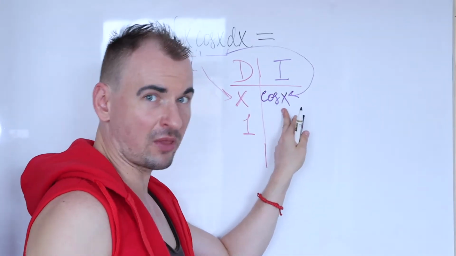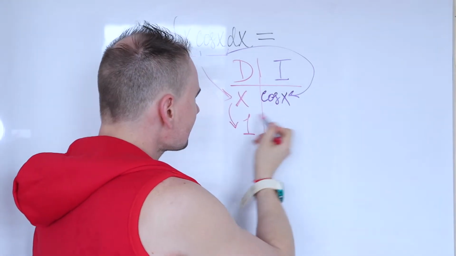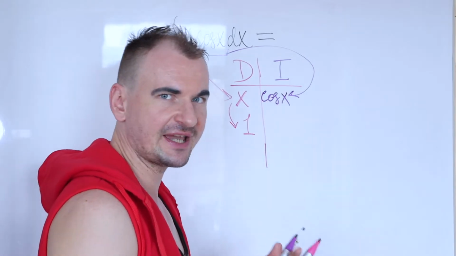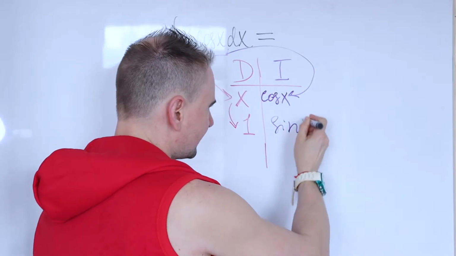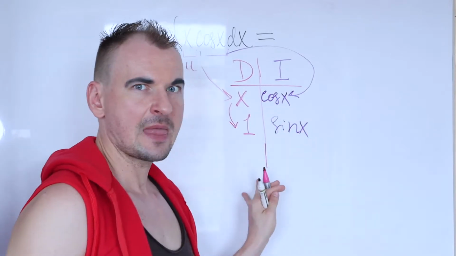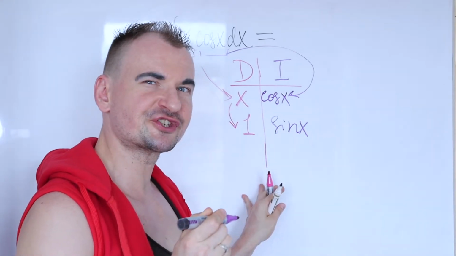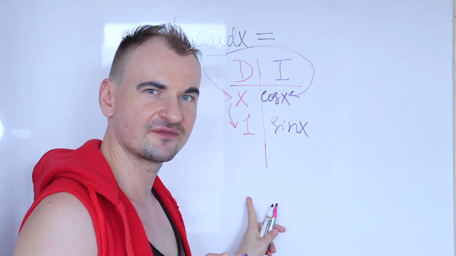In the second column, we integrate. So the integral of cosine x is just sine x. Now, you repeat this process until you get 0 over here.